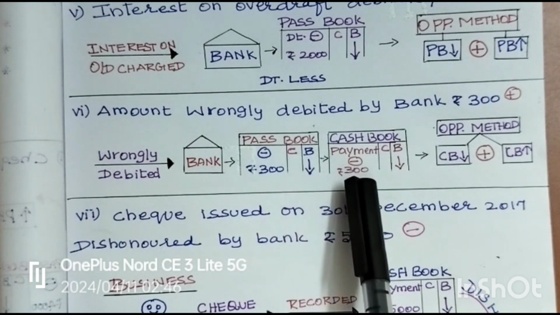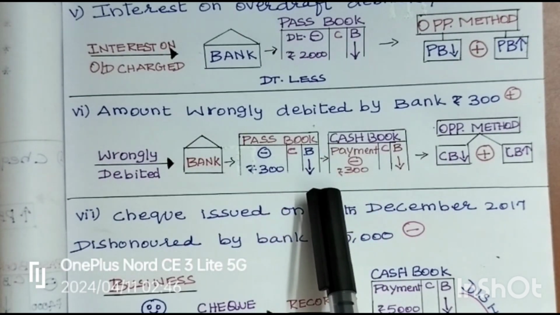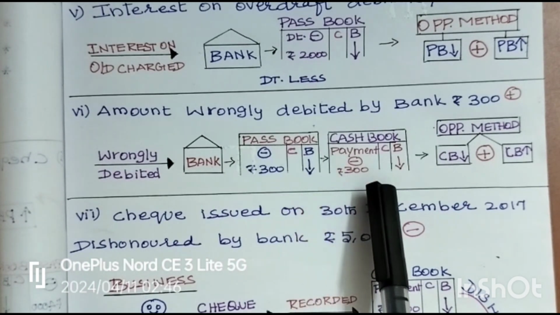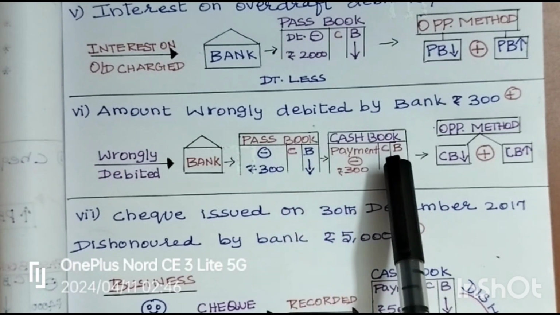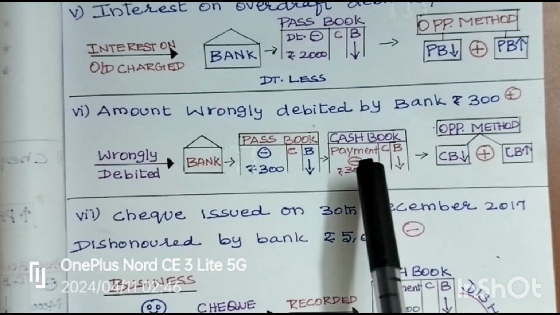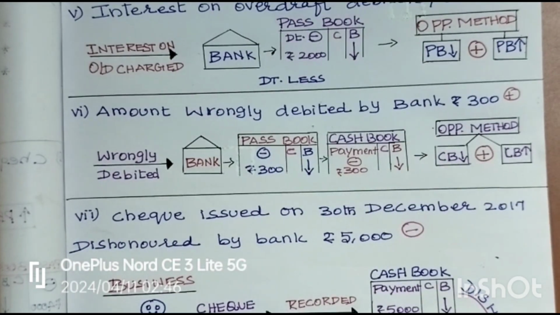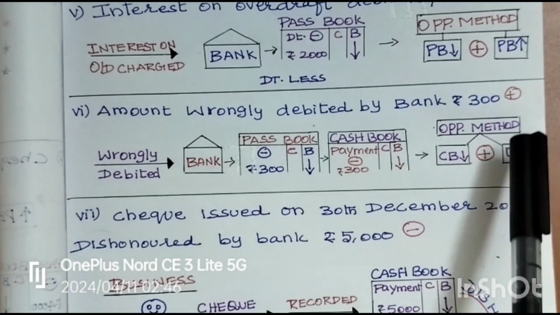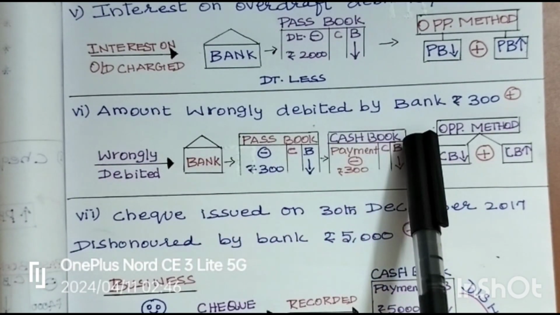So what about your cash book? You have to do the same in your cash book. Your cash book also will be decreased, 300 rupees will be decreased because the bank wrongly debited in the bank statement.